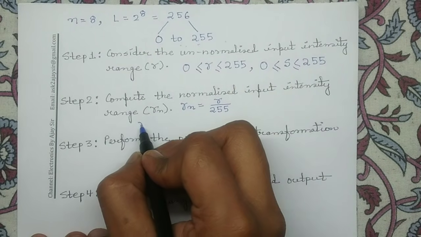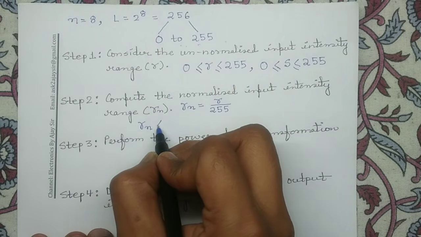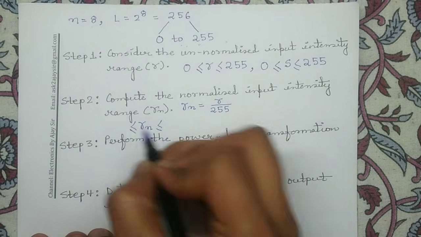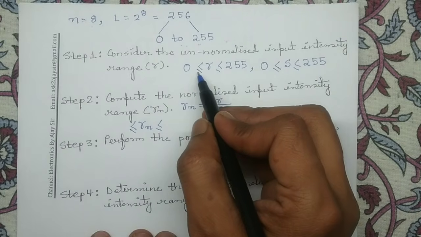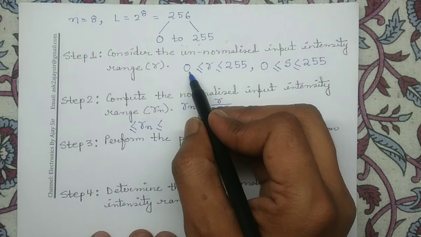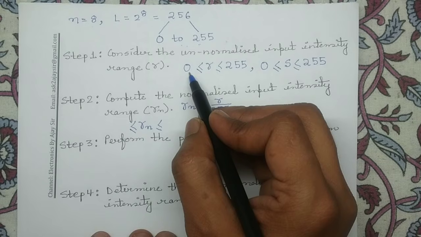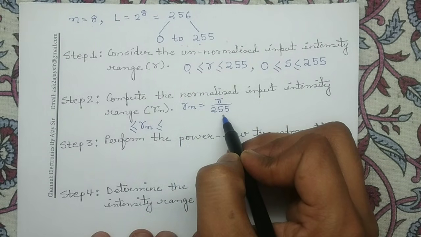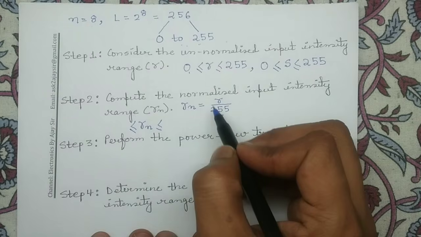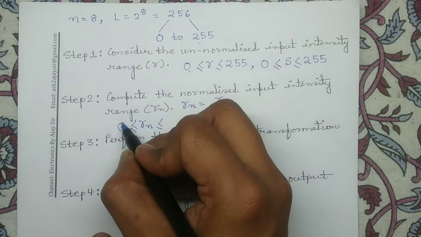So now we will determine the range of Rn. For R, the minimum value is 0. We normalize this value 0 with respect to its maximum intensity value 255, that is 0 divided by 255, which equals 0.